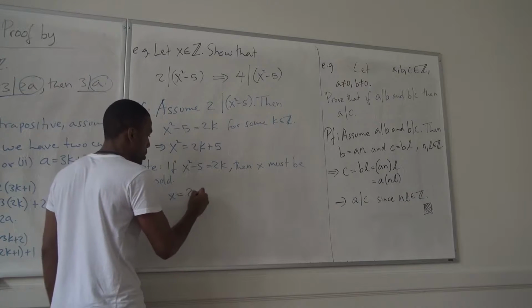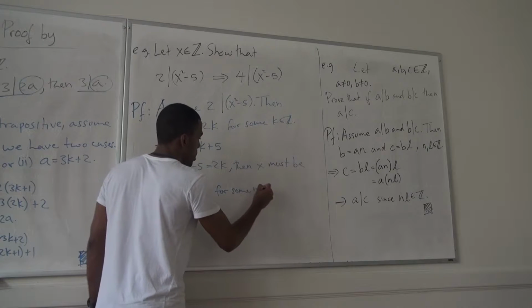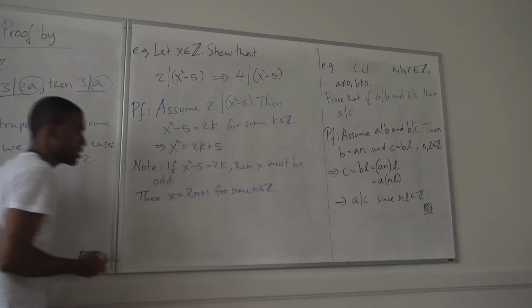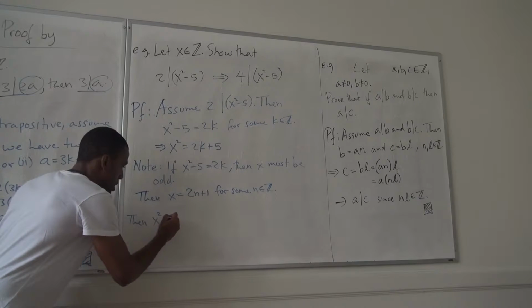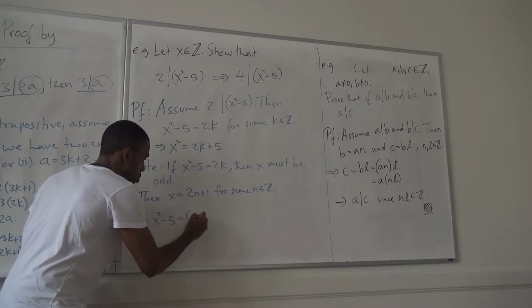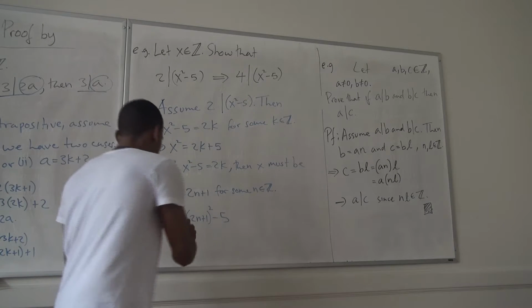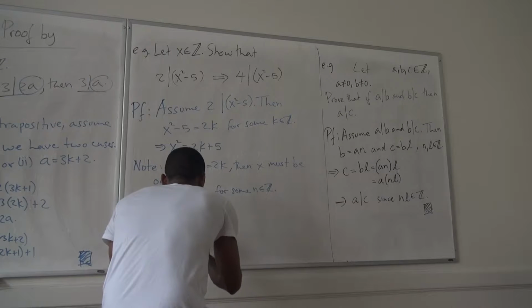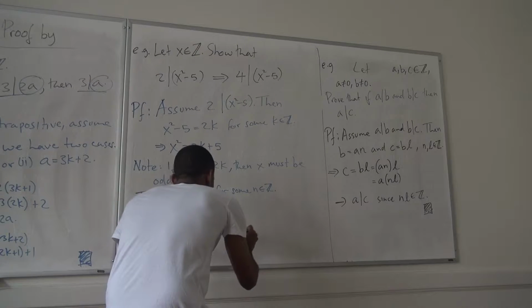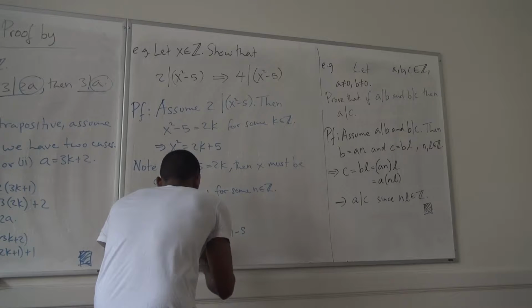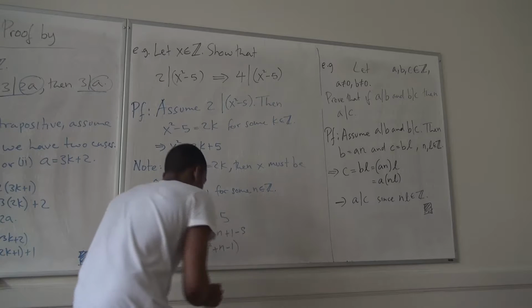So then x I can write as 2n plus 1 for some integer n. Then if I take x squared minus 5, it's the same as saying (2n plus 1) squared minus 5. And this will be 4n squared plus 4n plus 1 minus 5, or in other words, it's going to be 4 times (n squared plus n minus 1).